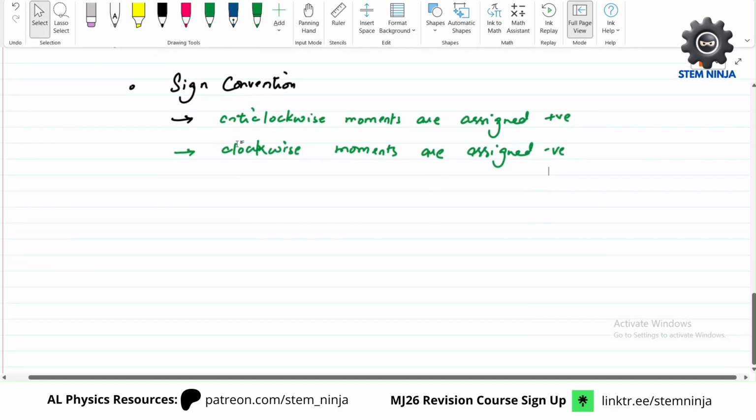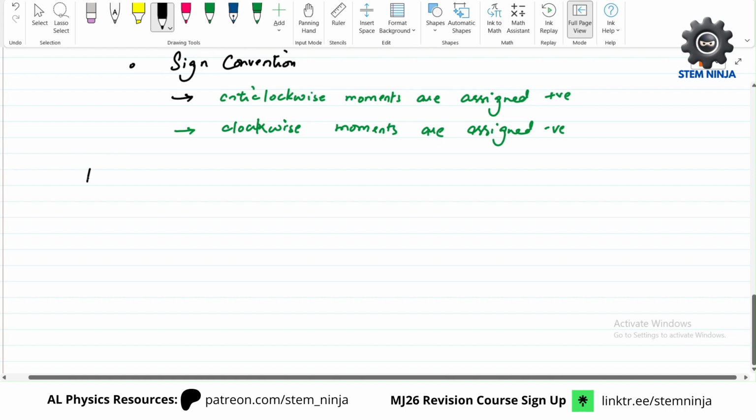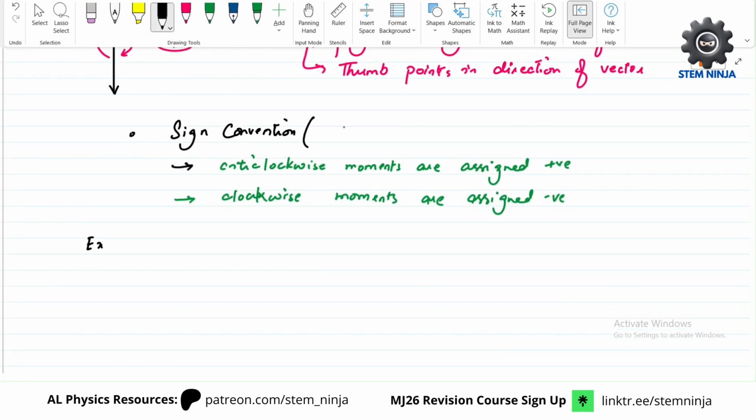This sign convention is for the sum of moments. Either way you're doing the sum of moments, anti-clockwise moments can be taken positive, clockwise can be negative.